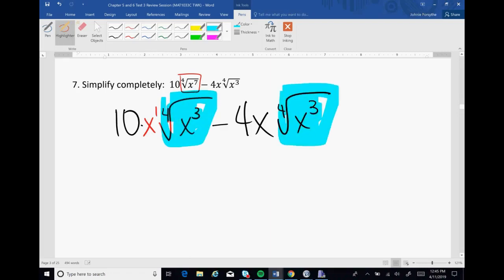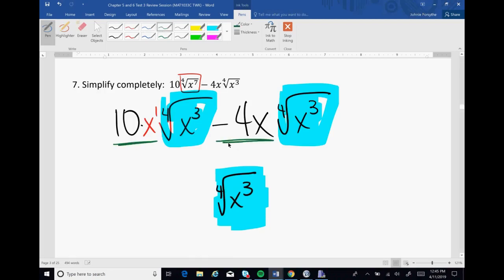See? So think of it as like terms. So we're going to keep that the same there, the 4th root of x to the 3rd, and then we're going to just combine the outside. So we have 10x minus 4x times the 4th root of x to the 3rd.